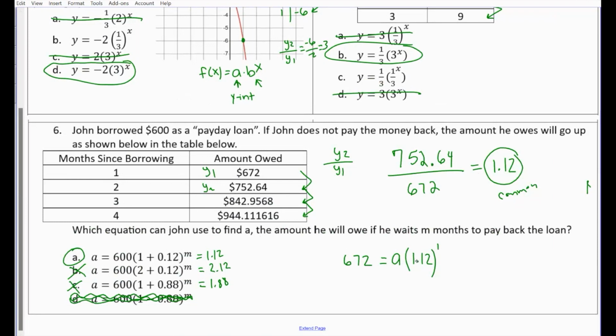And that could also get me 672 equals a times 1.12 to the first power. Dividing by 1.12, that's going to give me a equals 600, which is also my initial value.